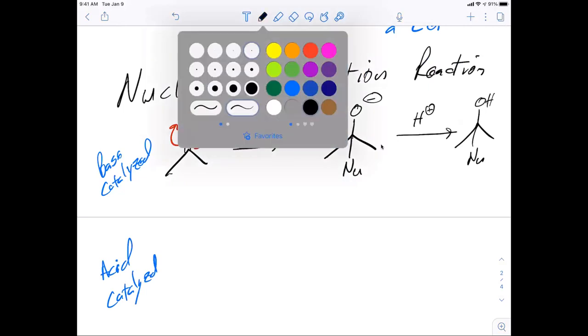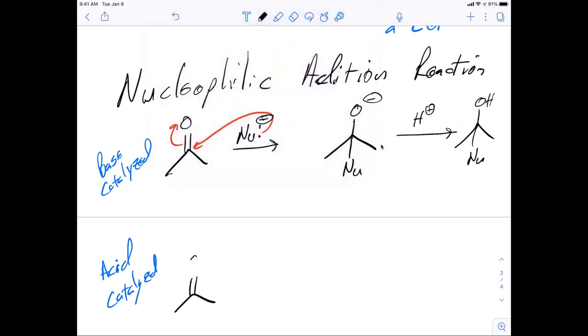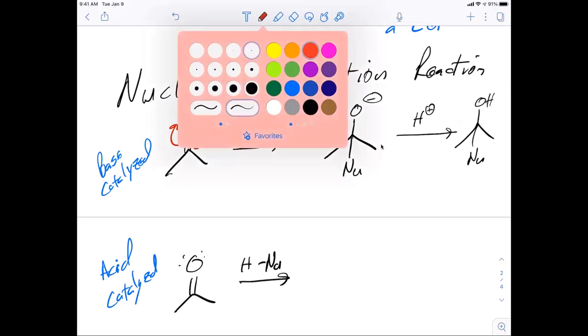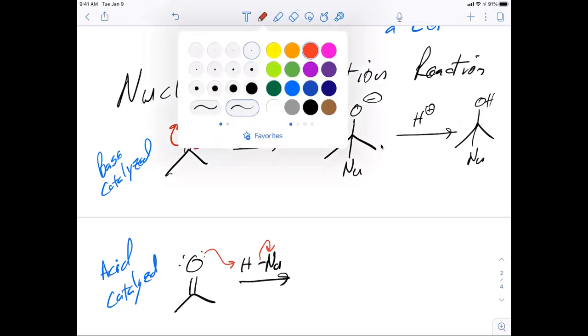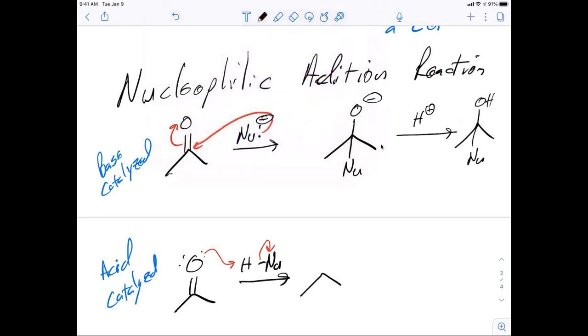And in that case, what happens is we have a potential nucleophile that is attached to an acid. And the first thing here is a proton transfer. That proton transfer now activates this, right?